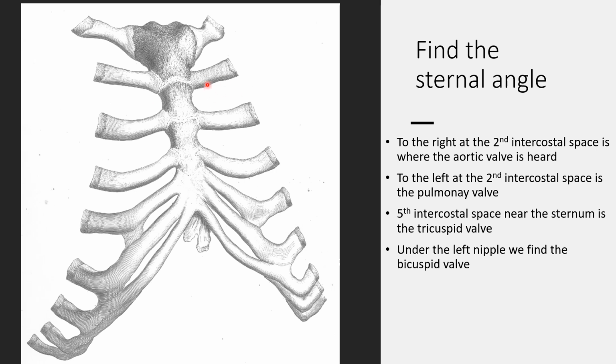If we go to the left side, we'll hear the pulmonary artery. And then we can go down to the fifth intercostal space near the nipple, and we can hear the tricuspid and the bicuspid valves. Now, you remember how I mentioned at the beginning that a lot of times things can change depending on different people. There are some people whose heart is switched around.